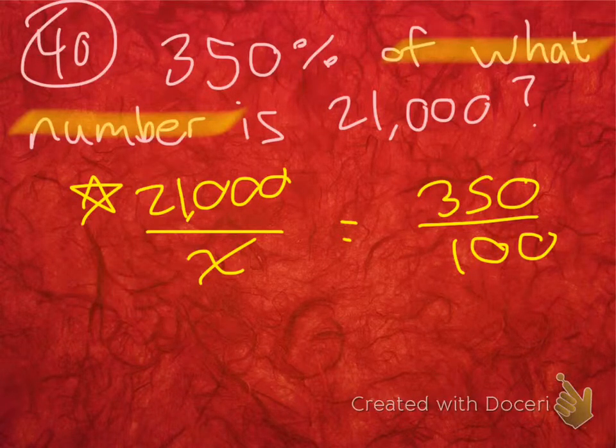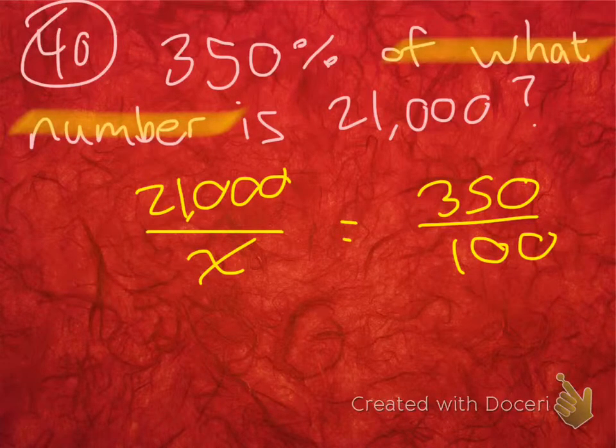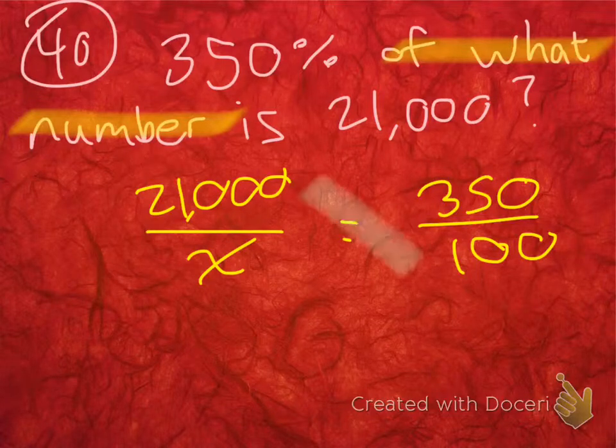So if you end up with something like 30,000 for x, that can't be right, because it's bigger over smaller, so it can't be smaller over bigger, because then those would not be equal. That's just a little bit of logic. I would say we should assume it's going to be, I don't know, 7,000, 6,000, something in that area, just using estimating. So how do we solve this instead of just estimating? Well, we're going to cross multiply.